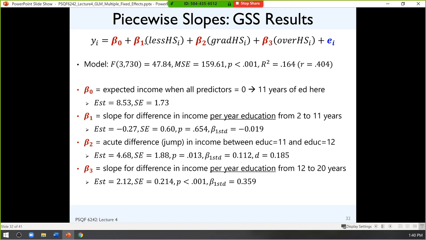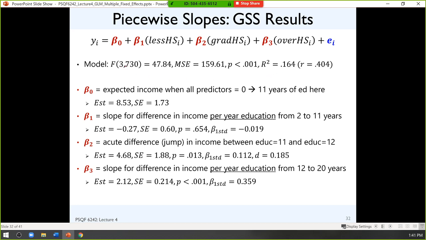So beta 1 is going to capture the effect of education, the slope for education for people up to 11th grade. So 11th graders are the beta 0. Beta 2 is going to capture the bump of going from 11th grade to 12th grade. And then beta 3 is going to capture the extra effect of education after 12th grade.